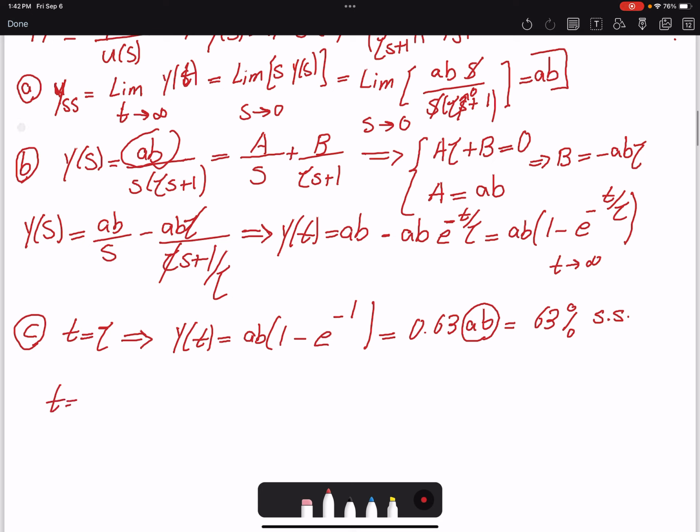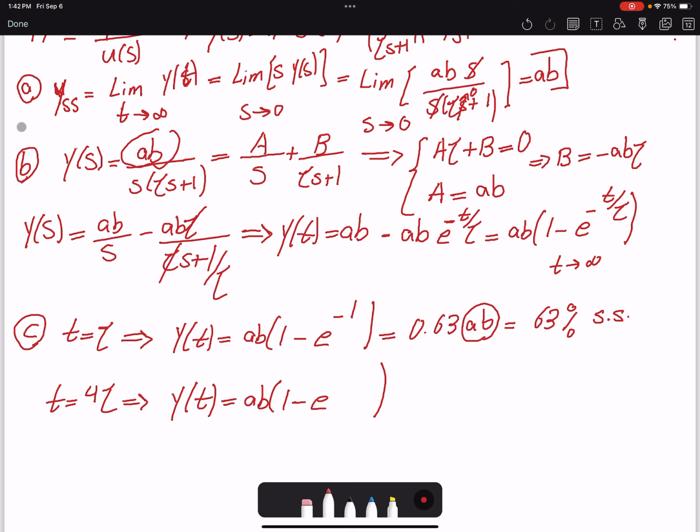Also t equals 4 tau. So y(t) would be ab times 1 minus e to the power of minus 4, because instead of t, I would write 4 tau.